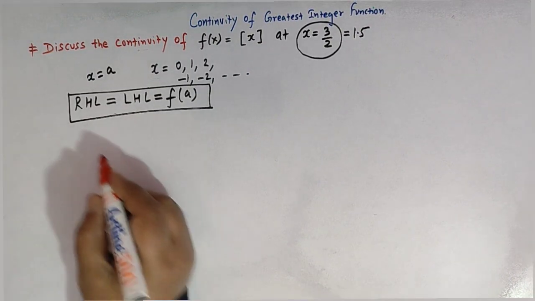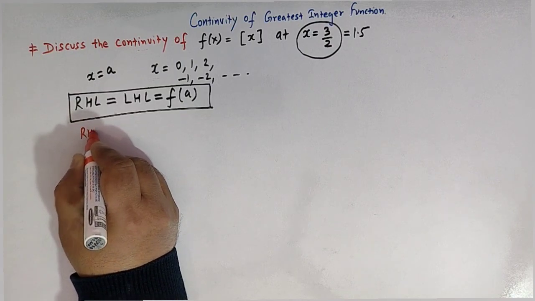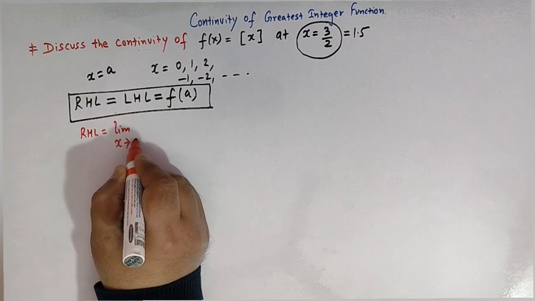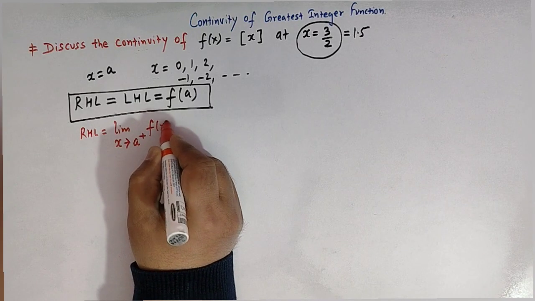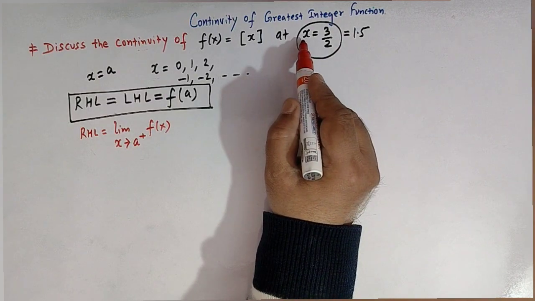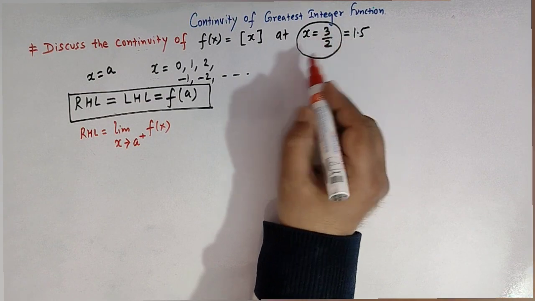Now let us first find the right hand limit. The notation for the right hand limit is the limit x tends to a with a positive sign, of the function f of x. Here the point of consideration is 3 over 2, that is 1.5.